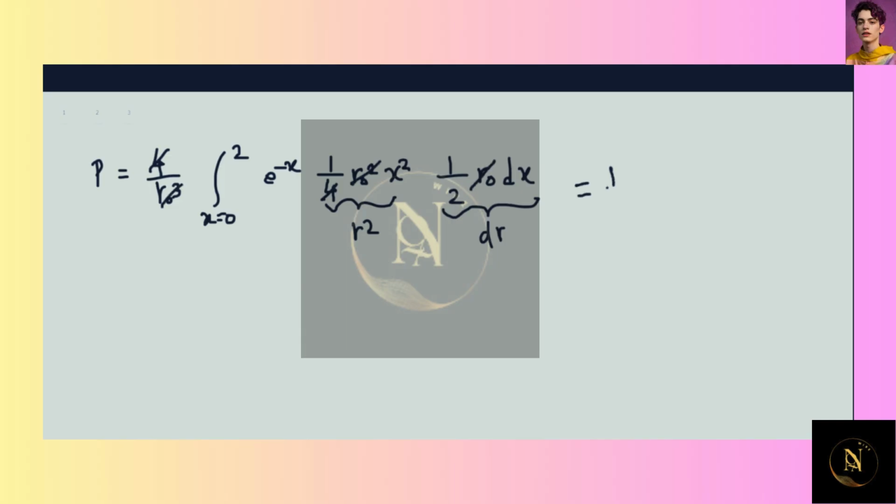So we basically have 1/2 integral from x equals 0 to 2 of x square e to the power minus x dx.